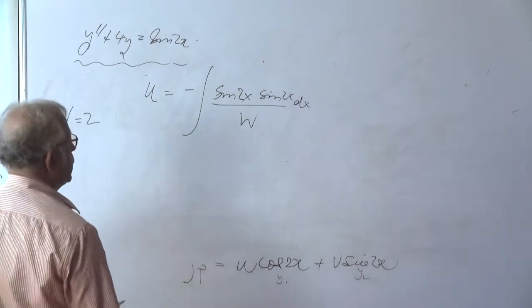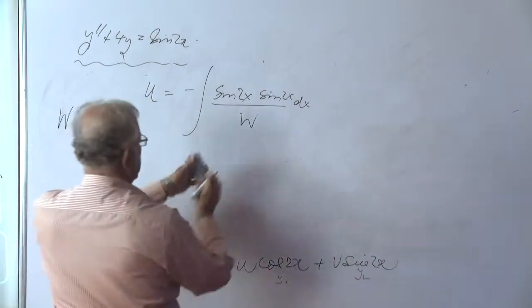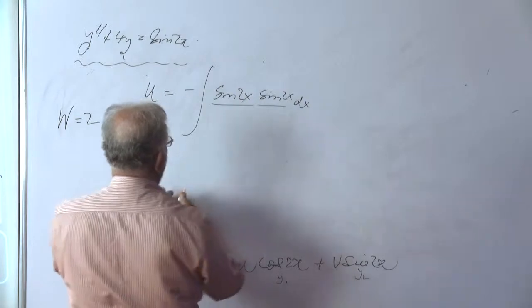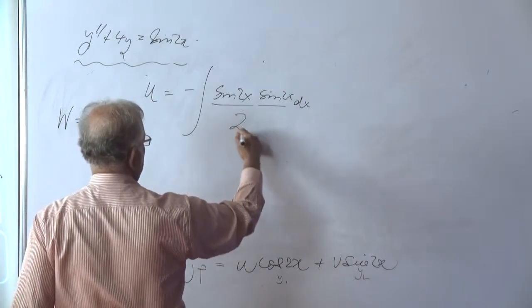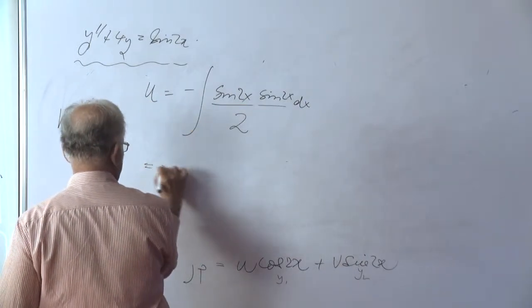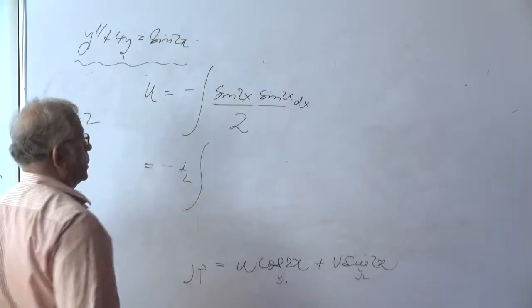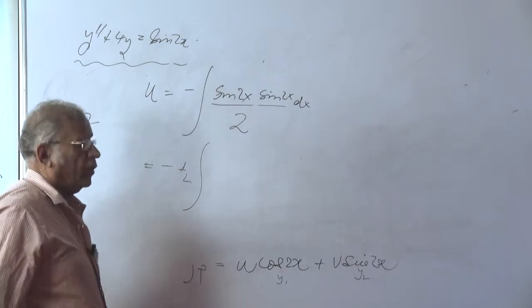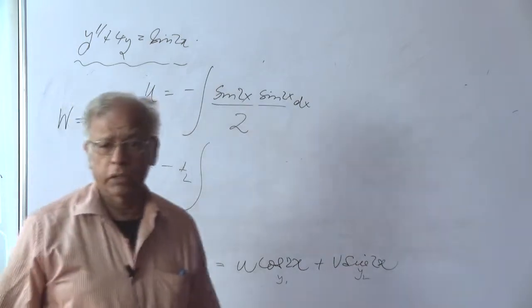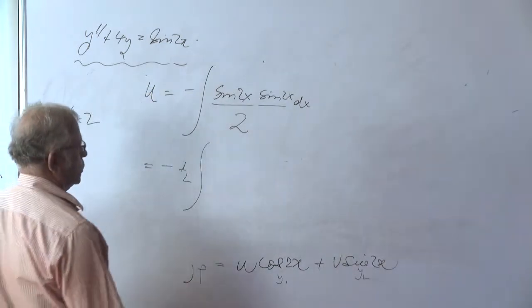So the value of u is sine squared 2x divided by 2 with the minus sign. This is minus half integral sine squared 2x. Sine square theta is half of 1 minus cos 2 theta.